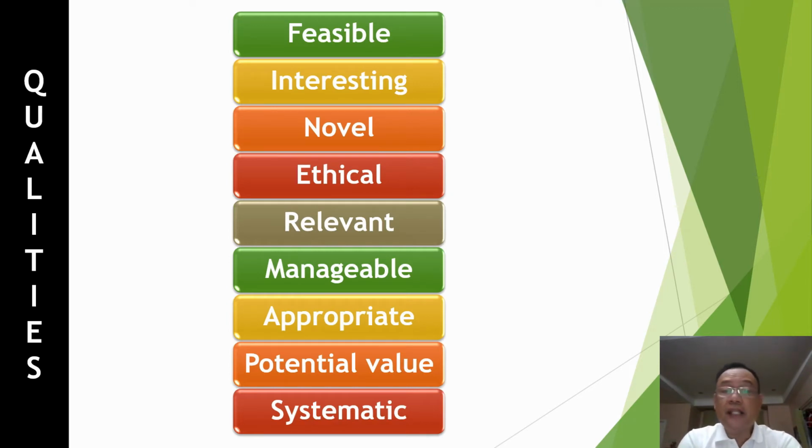Now, let me give you these important qualities of a very good research. In order for you not to forget this one, you can use the first letters of the qualities. It is called FINER MAPS. Okay, I repeat, FINER MAPS. F stands for feasible.